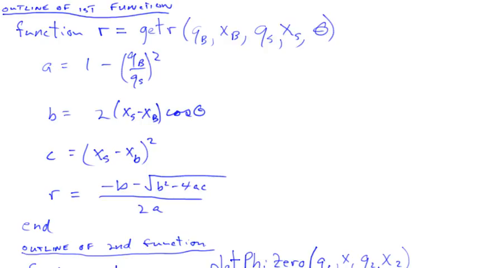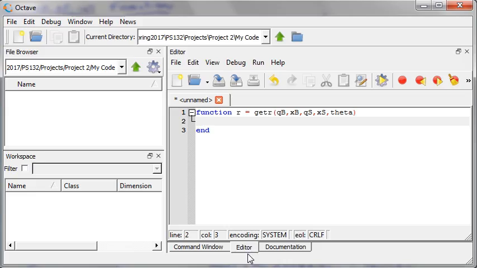So A is equal to 1 minus the quotient of the ratio of the charges squared: 1 minus QB over QS, quantity squared.